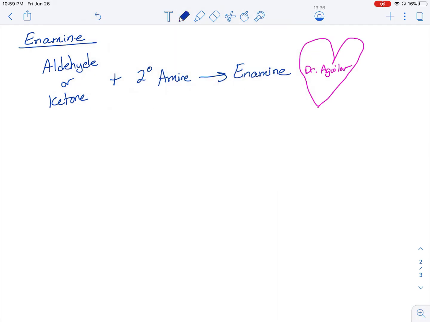So if we do this, let's say that we have this ketone here, and I'm going to react it with now a secondary amine, so 2 R groups, and I still need a mild acid. What we're going to end up generating, we're still going to end up generating that carbonyl amine, so that doesn't change, right?